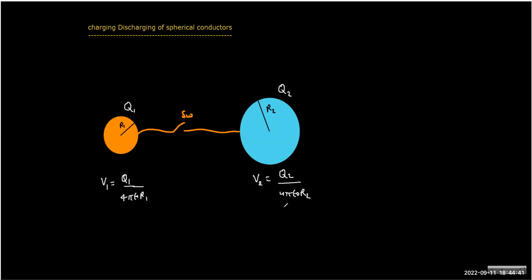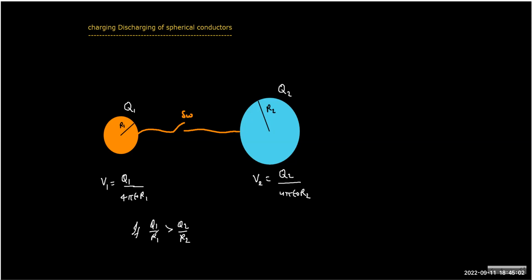We don't know the ratio of Q1 by R1, Q2 by R2. So if Q1 by R1 is more than Q2 by R2, then which one is at high potential? The first, right? And vice versa, then second. And if both are equal, then there is no difference.